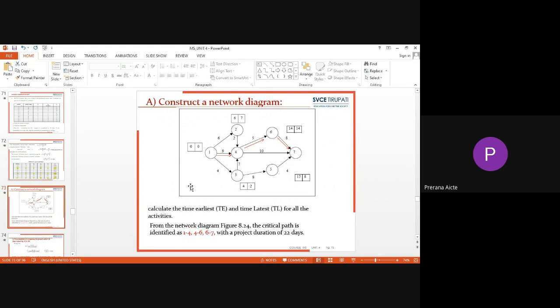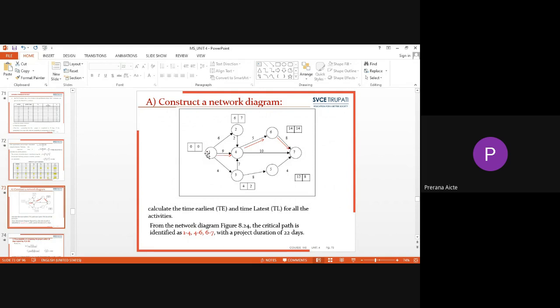We also use these earliest and latest times for finding the critical path. The critical path is another important aspect in the construction of a network diagram. In order to find the critical path, one has to follow the path which is longest in nature.